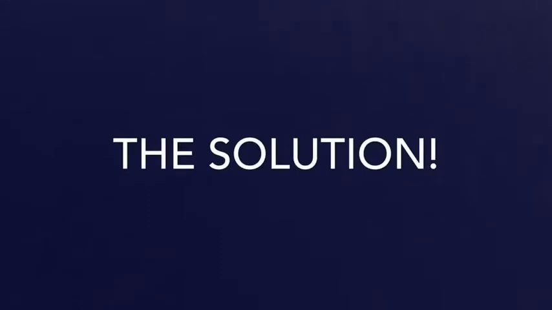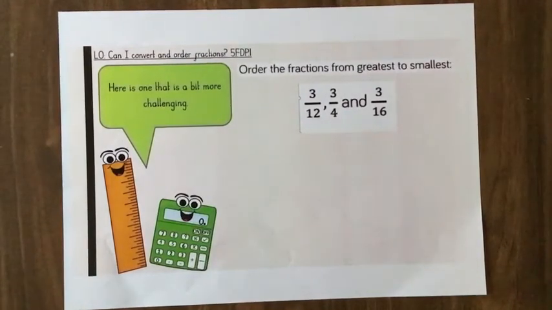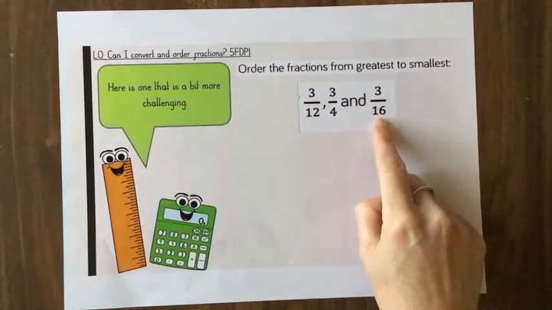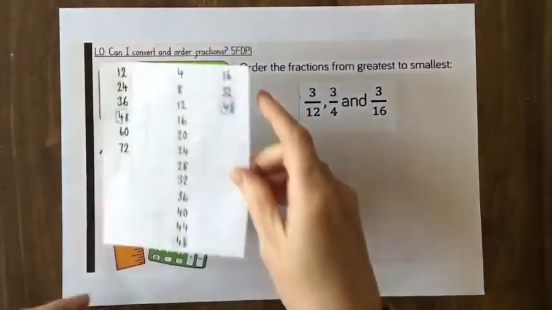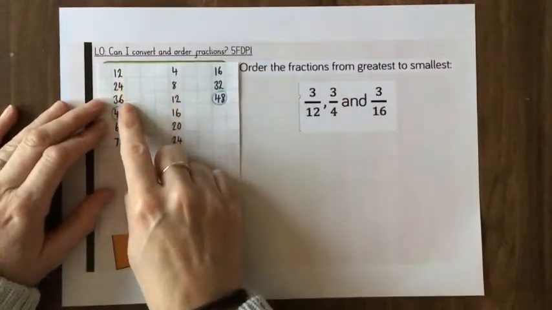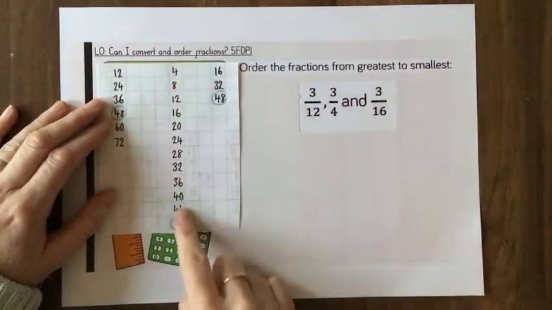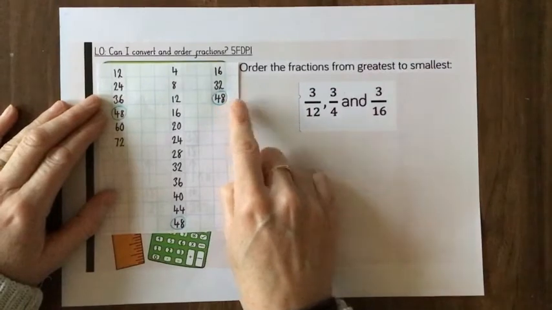The first thing you're going to need to do to be able to solve this is we're going to need to look at our 12 times table, 4 times table and 16 times table and find a common factor. So here I've listed my 12 times table, here I've listed my 4 times table, and here I've listed my 16s.